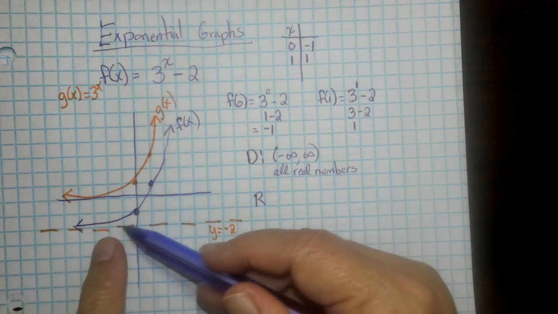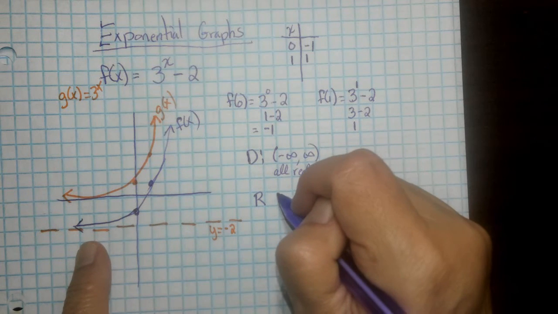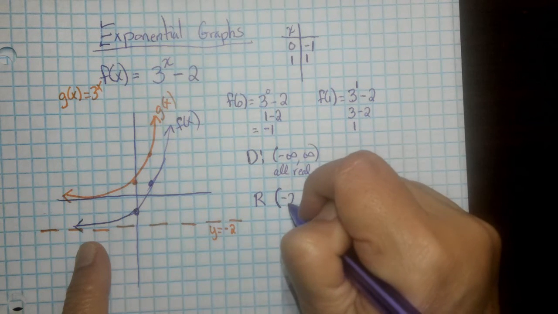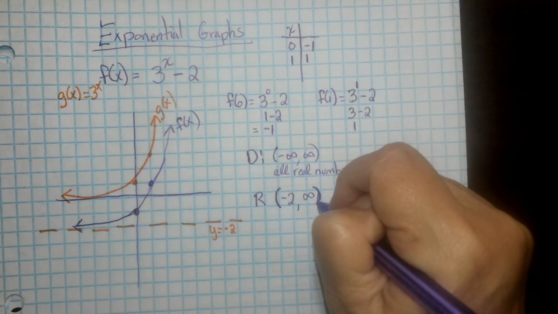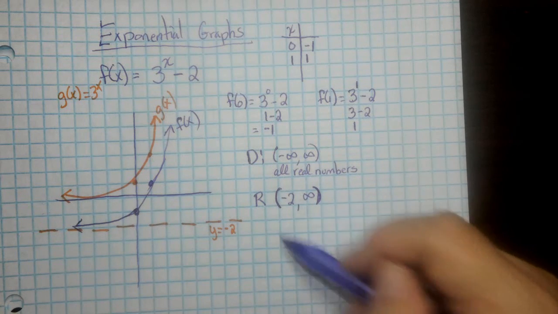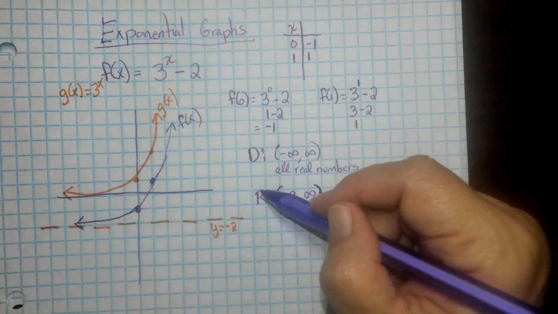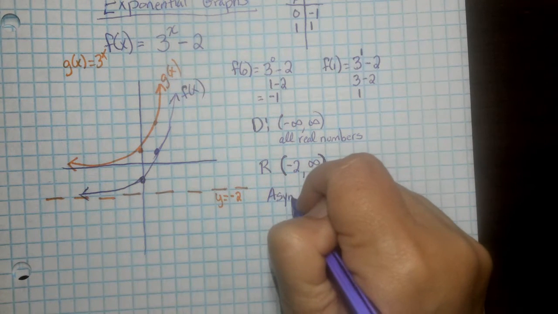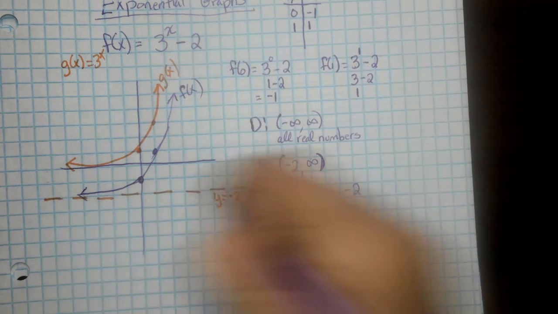So the lowest point on my graph is real close to negative 2, but it's not going to equal negative 2, so I'm going to put a parenthesis, negative 2, all the way up to infinity. Parenthesis, because I'm not going to touch the negative 2. If I did, I'd put a bracket, but that asymptote tells me I'm not going to touch the negative 2. So domain, range, those are important things. Asymptotes, well, we just wrote it down, y equals negative 2. It's a horizontal asymptote.